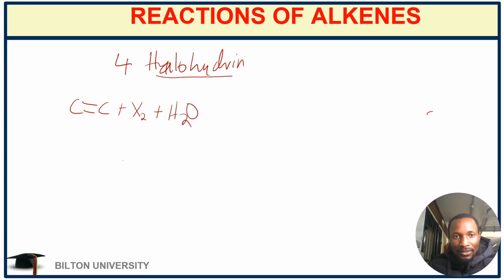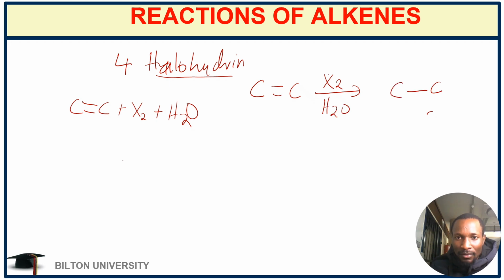The reaction which involves treatment of an alkene with halogens and water, that's what we call halohydrin formation. Halohydrins give us anti-addition. For example, if you have a carbon-carbon double bond and we react it in the presence of halogen and water, our product is going to form, so this is going to be our X and this is going to be our OH.